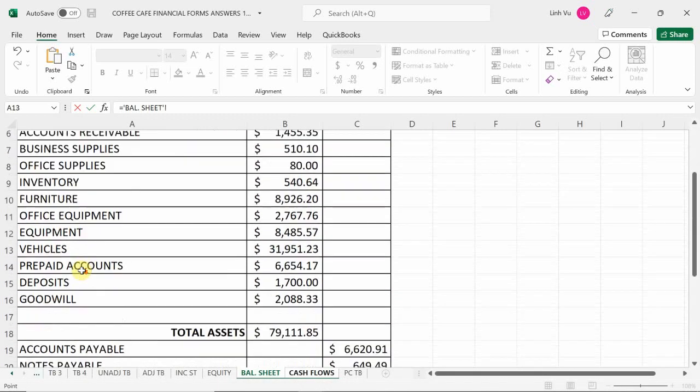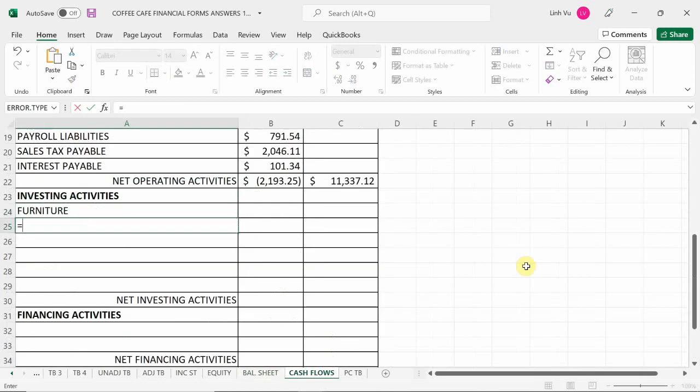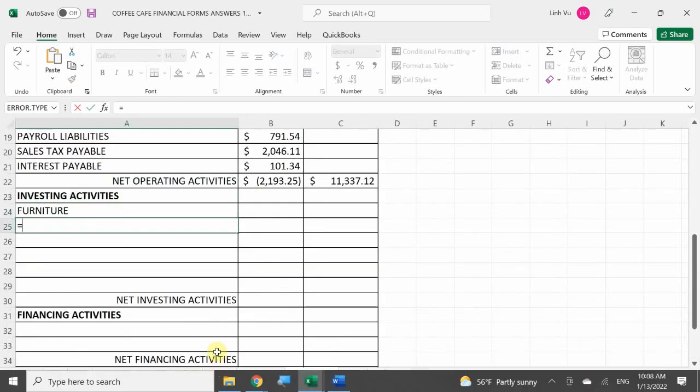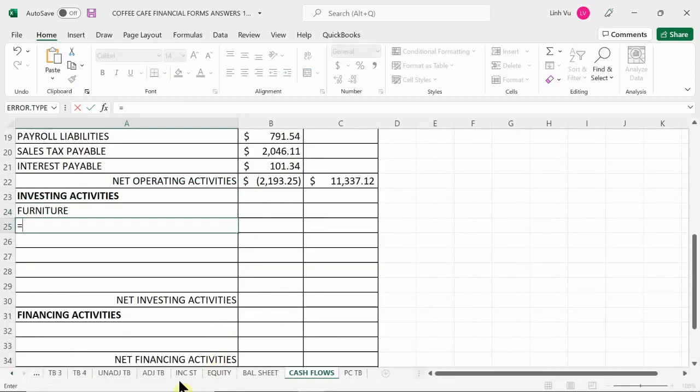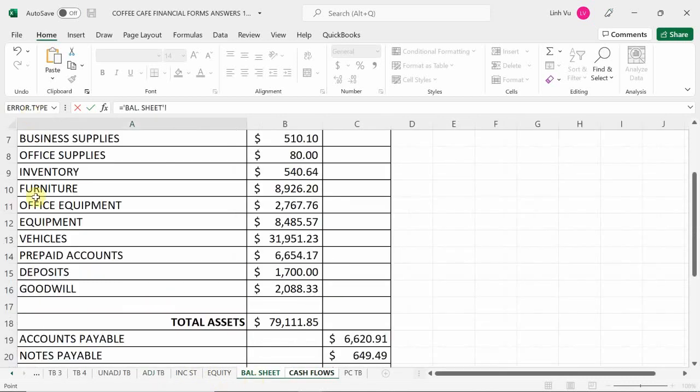So going back up here, we purchased furniture. We also purchased some office equipment.